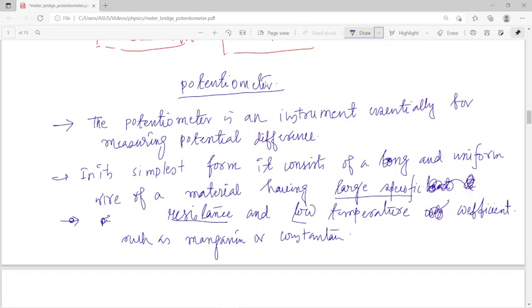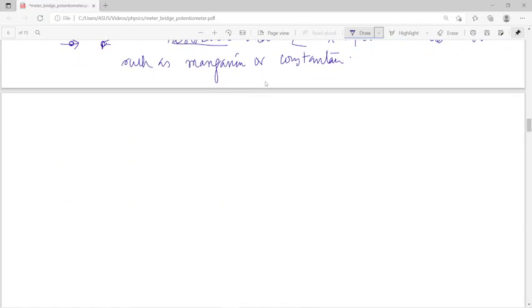Now the potentiometer looks like this. A wire is stretched on a wooden board carrying a scale along its length, and a battery B, whose potential difference should always be greater than any voltage under measurement.